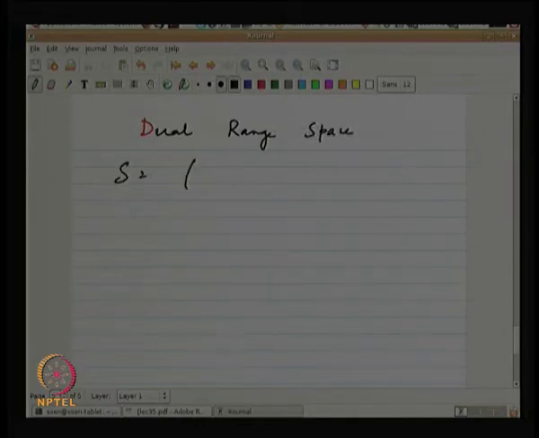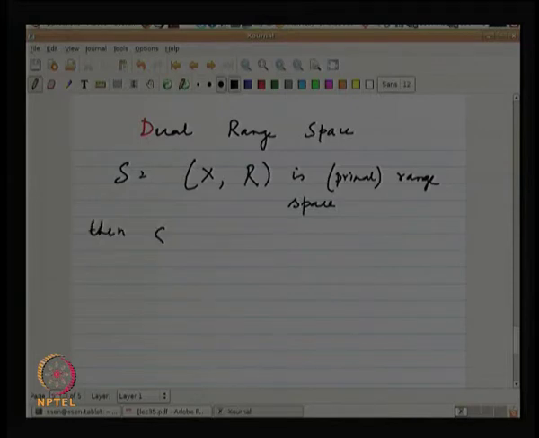If S equal to (X, R) is the primal range space, then S star equal to (R, X_p) such that p belongs to X.